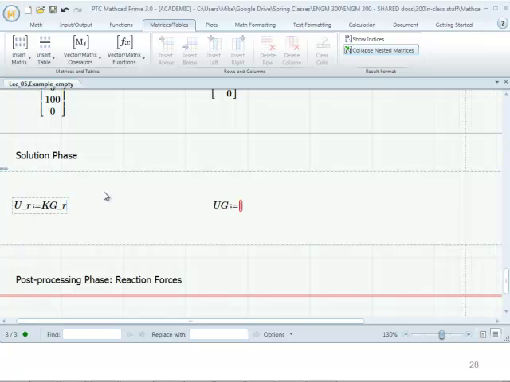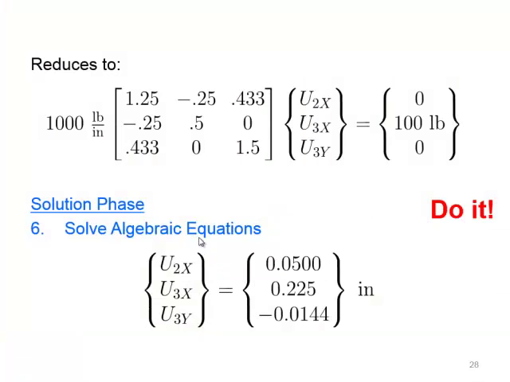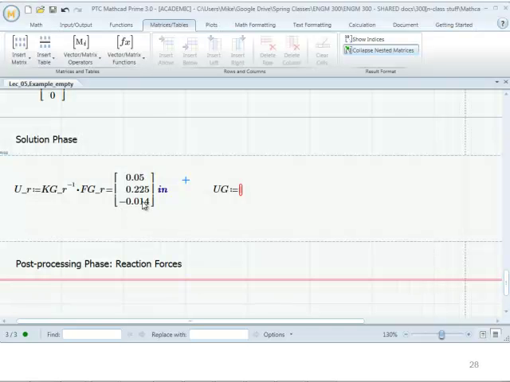We take the inverse of that, times our reduced force matrix, which we just created. And if we get it in inches, all right, we have the same thing we had over here, if we believe the PowerPoint slide. All right, so 0.05 inches, 0.225 inches, negative 0.0144 inches.